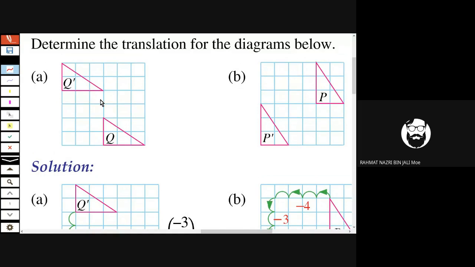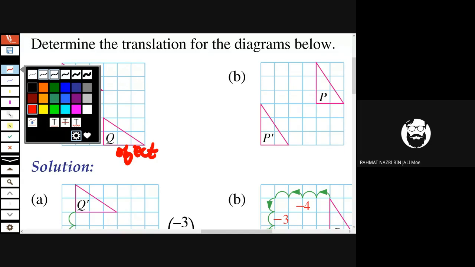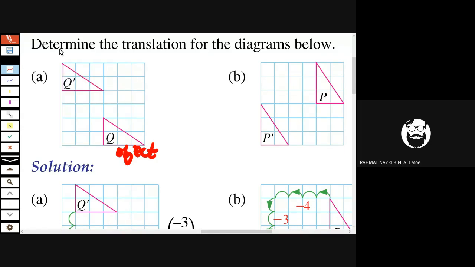So let us identify first which one is the object and which one is the image. This one is the object, because there is no prime, Q only. And then the image has a prime, Q prime. This is the image.